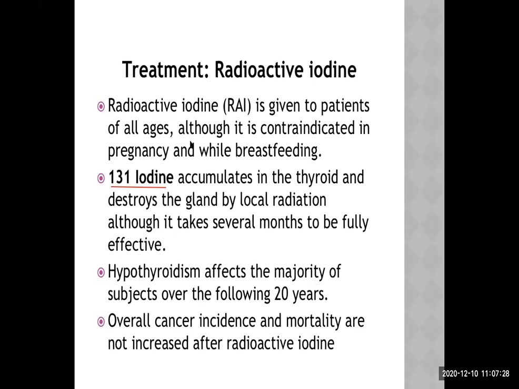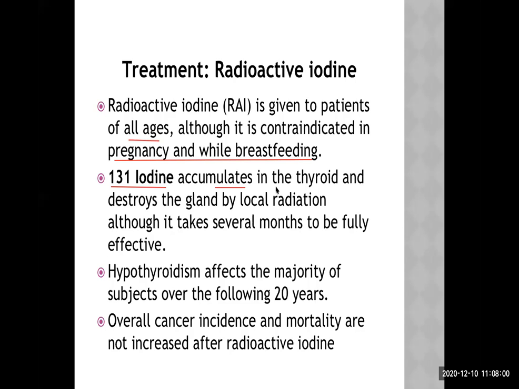This is given to patients of all ages, but strictly contraindicated in pregnancy and during breastfeeding, because it is a radioactive substance. We never give radioactive substances during pregnancy and during the lactational period. Otherwise it can be used in all other ages. Now this radioactive iodine, iodine 131, is actively taken up by the thyroid gland because it has iodine content.